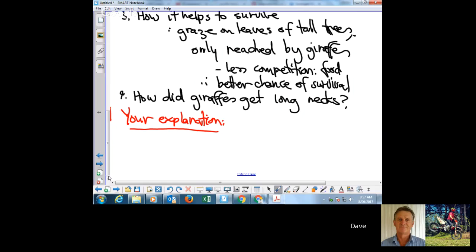Now, we should just mention that you can ask a lot of other people what they would say, and depending on their background and probably maybe what their religious beliefs are, some people will say, well, giraffes have always had long necks because that's the way God created them. And they'll put on the planet, they had long necks, so that they could be the ones that could feed on the tall leaves in the trees.